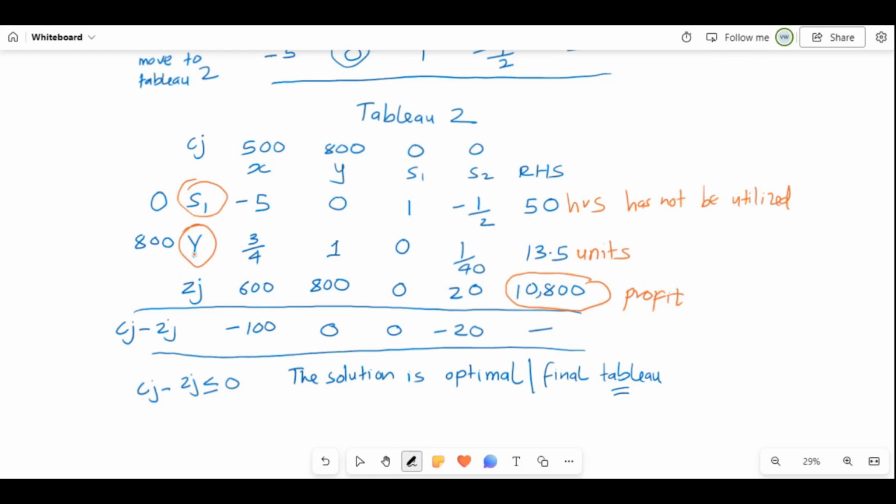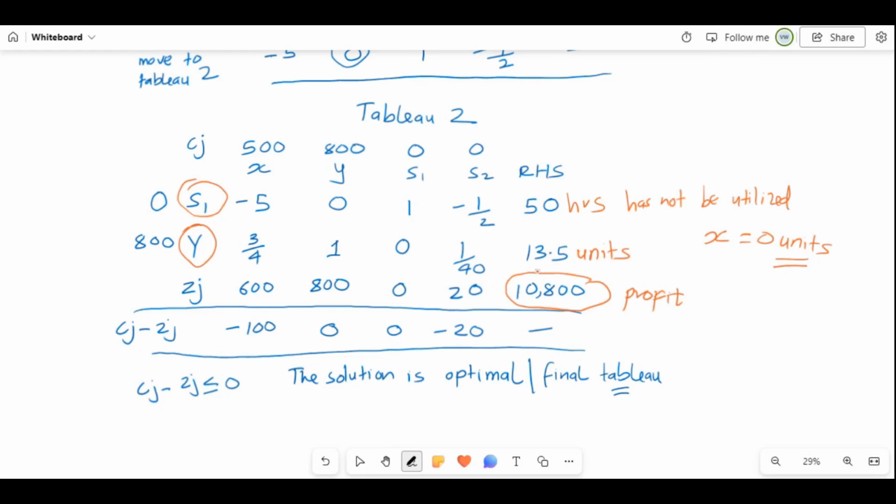And only one decision variable y has been assigned. So which means that for the decision variable x, no units of variable x have been produced and sold. So the production of x is 0, but the production of y is 13.5.